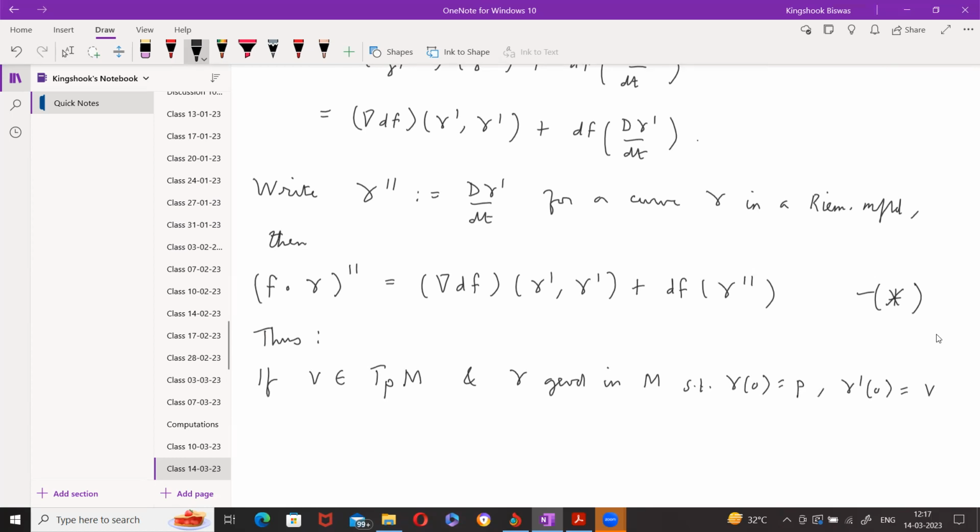So this second term vanishes, and you get just the second fundamental form applied to the diagonal. So we can compute the second fundamental form. Nabla df applied to V comma V is nothing but f composed with gamma double prime 0, if gamma is a geodesic. This is only true for a geodesic because then this second term vanishes. Is this clear?